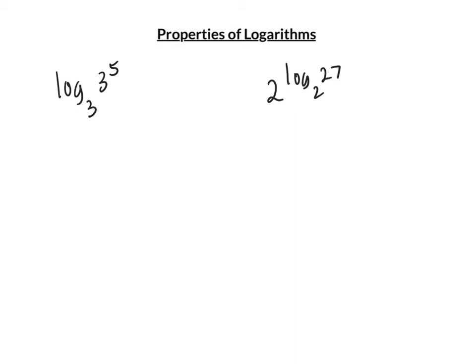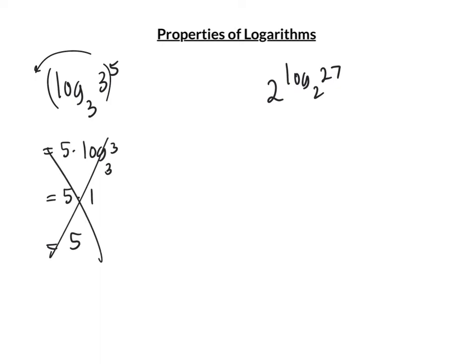We know that when we have an exponent to an exponent, that's what this is, that I can bring the exponent down. This will be 5 times the log base 3 of 3. 3 to some power is 3. Well, that's 1. This is 5 times 1, which is 5. But what they're saying is we can just skip all this and say, oh, right off, this is equal to 5.